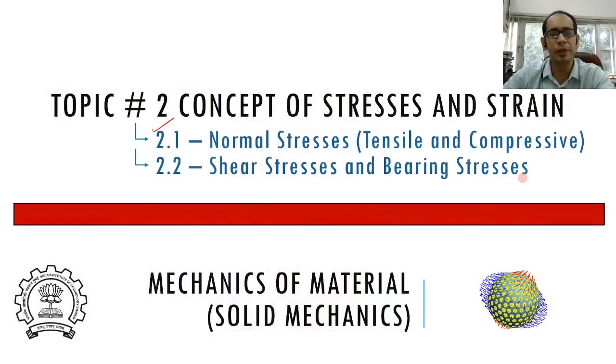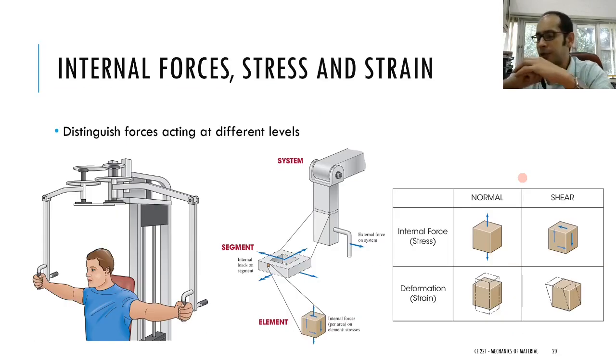First, I will bring you back to this particular slide which we had looked at before, where a person is exercising in the gym. We had taken a portion of this equipment, and even segregated a smaller chunk of that, and within that even one more smaller chunk.